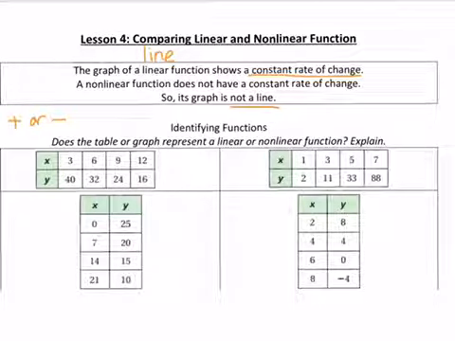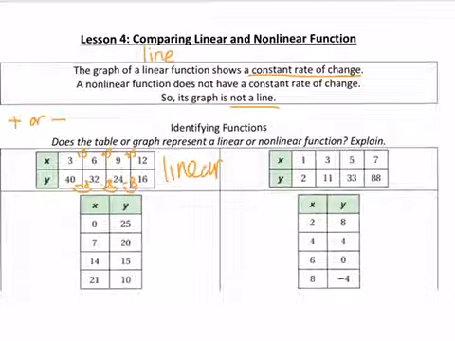So as I'm looking at my first one, I have 3 to 6 is plus 3, 6 to 9 is plus 3, and 9 to 12 is plus 3, so that part is good. Now 40 to 32 is negative 8, 32 to 24 is negative 8, and 24 to 16 is negative 8. Because they go up and down by the same amount, this is a linear graph.